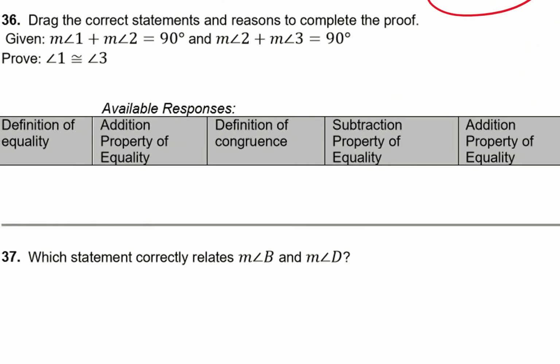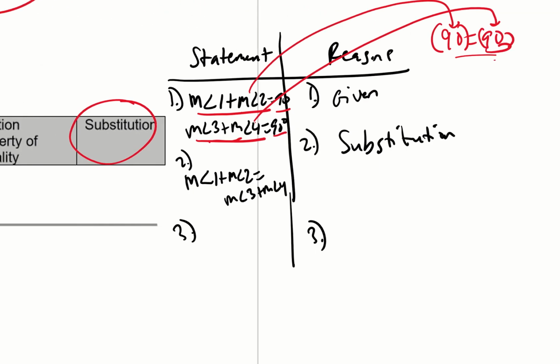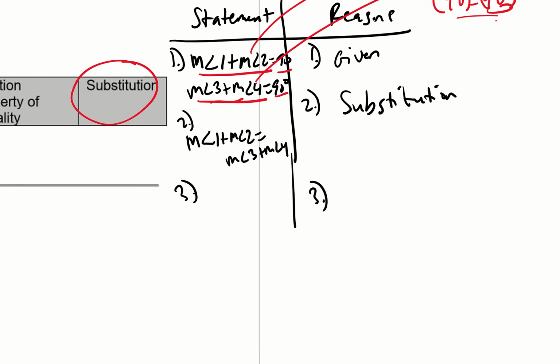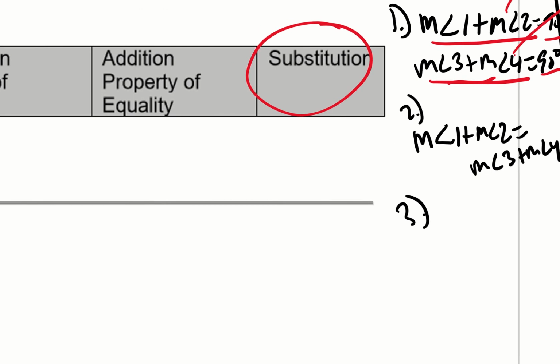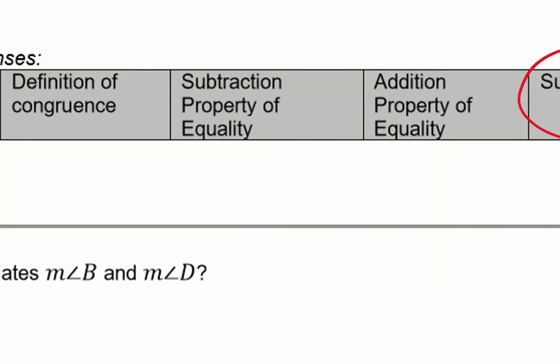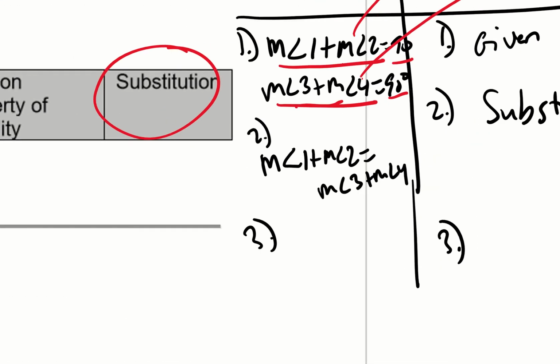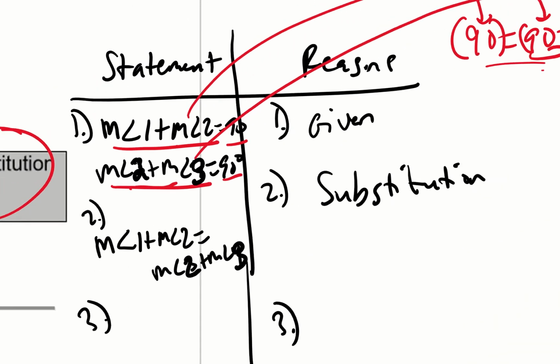All right, so the next step, since we know that they're equal to each other, we have this equation. We can also say that, and I got the numbers here incorrect. So this is angle 2 and angle 3. So let me change those numbers real quick. Apologize for that.